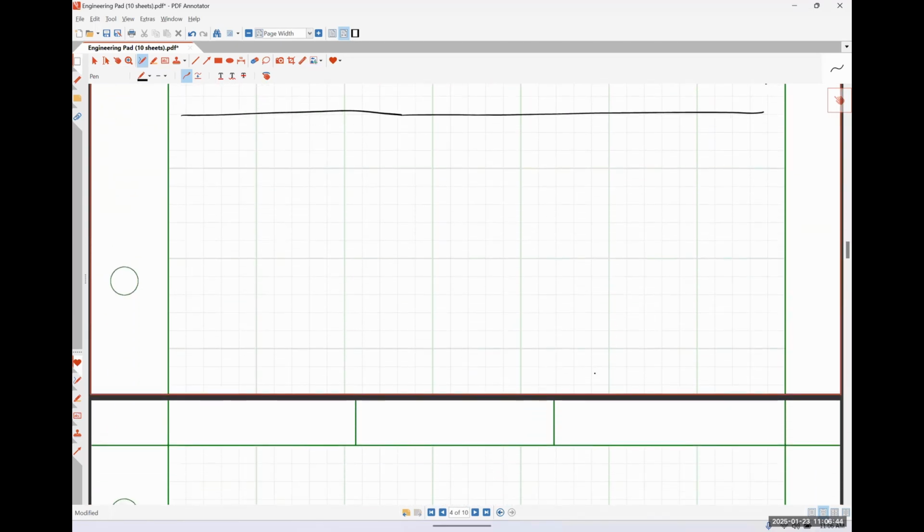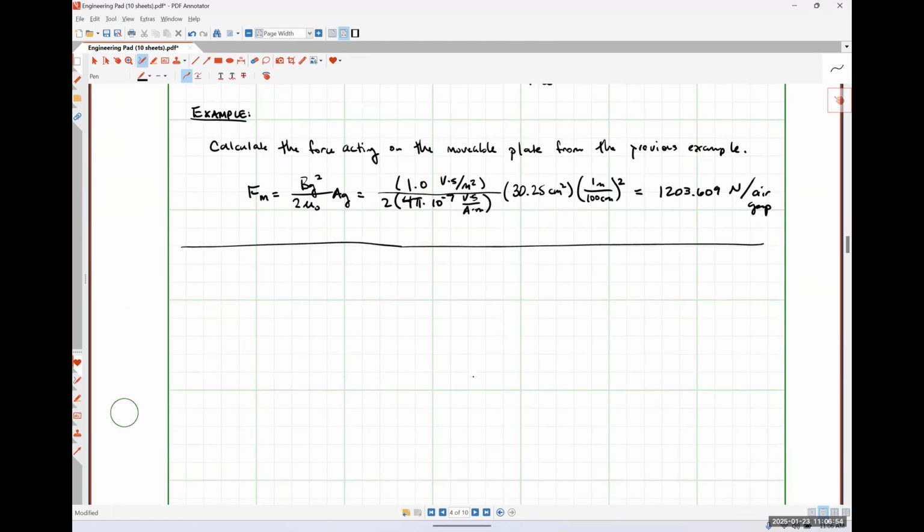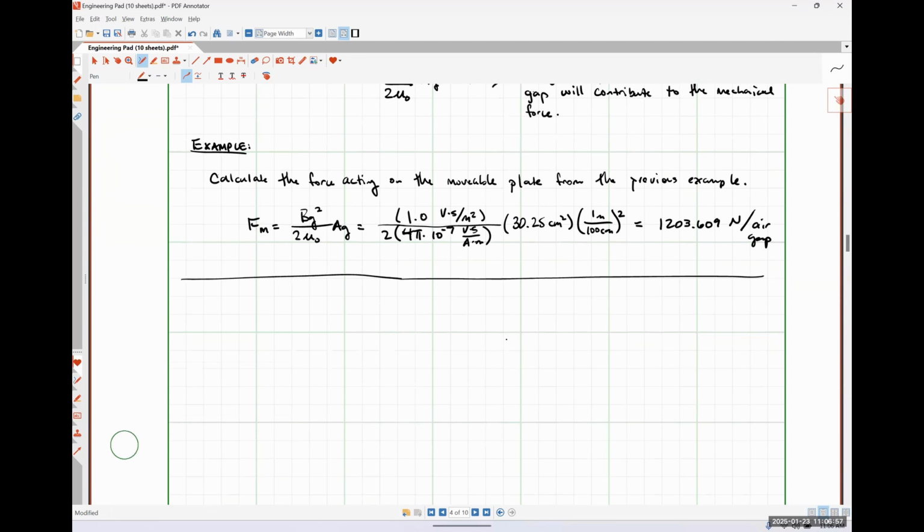So let's look at something here. We didn't forget the answer for the static support.